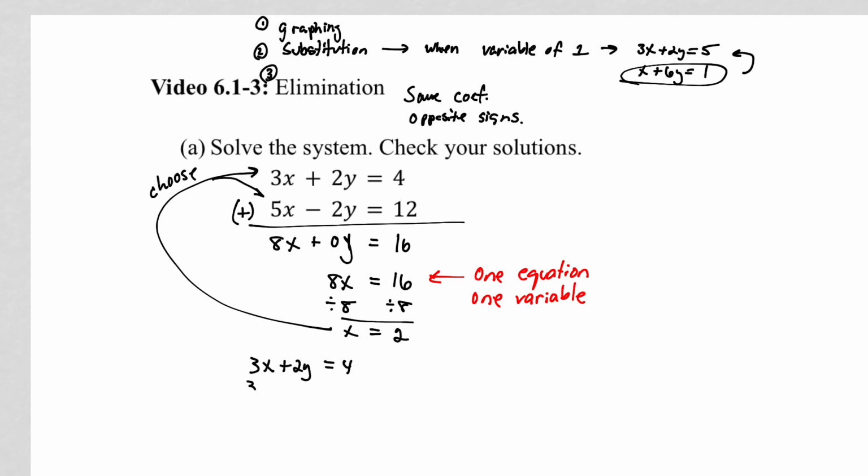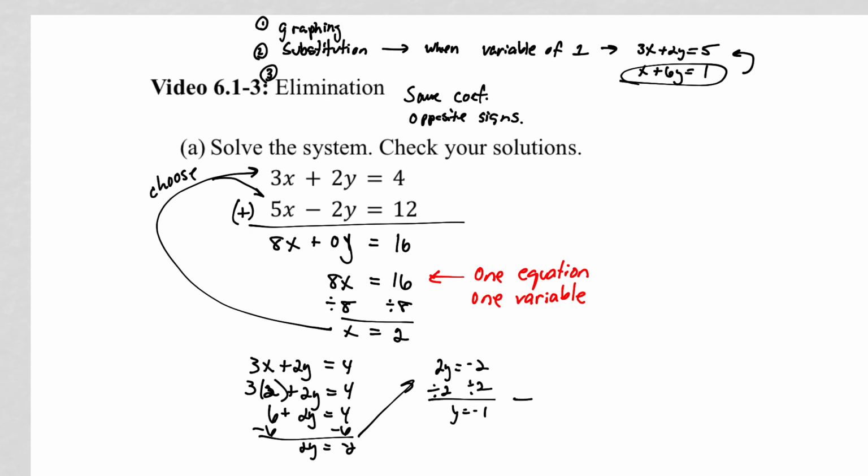So I'm going to substitute 2 in for x, always doing so in parentheses. And let's see, we have 2y equals negative 2. So that means y is equal to negative 1. So that means our solution to the system of equations is 2, negative 1. That means 2, negative 1 is going to make both equations result in true statements.